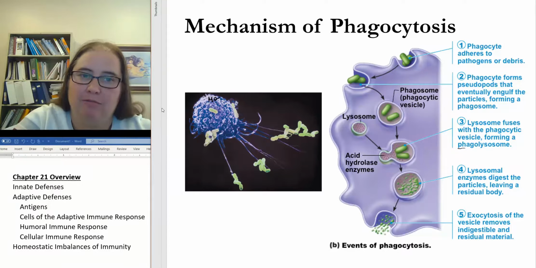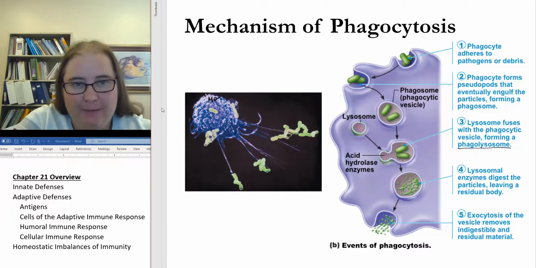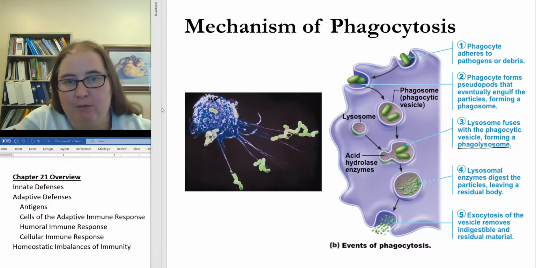Yeah, I know. Crazy. When this merges, the enzymes located in the lysosome combine with the phagosome and end up destroying the foreign substance, the pathogen, or whatever it is.